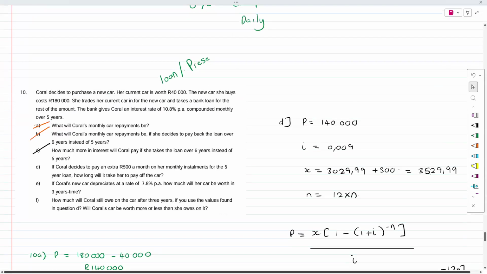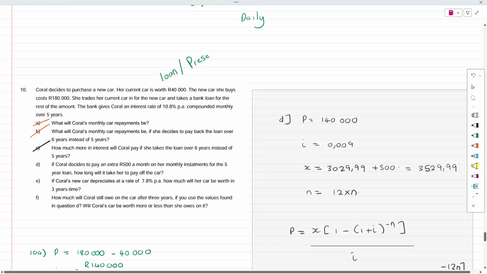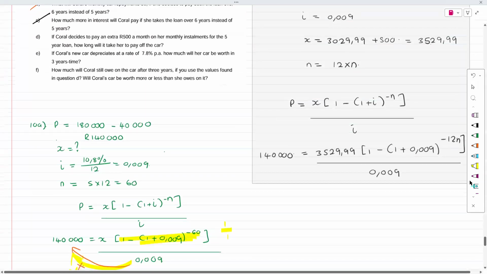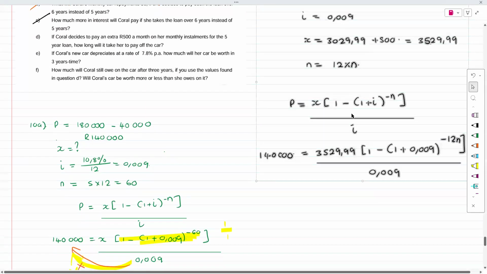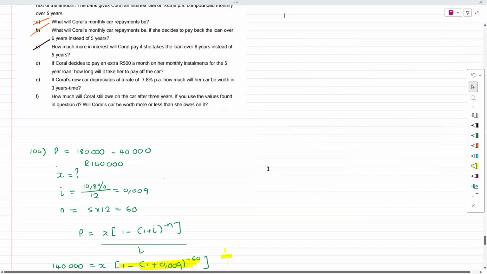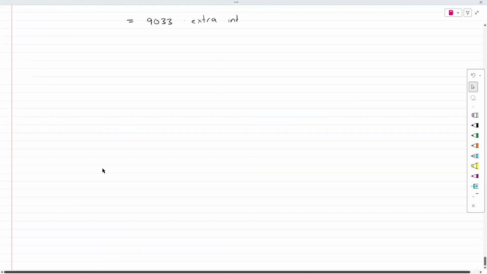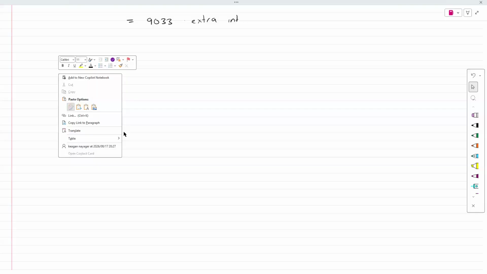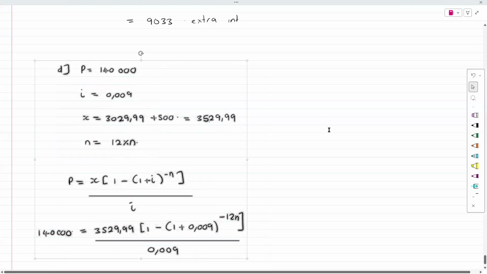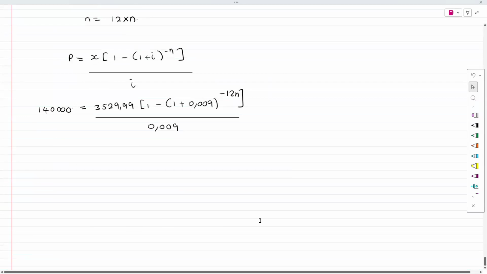Let's go to a place where we have more space. Okay, so if I take this over, this is multiplication.